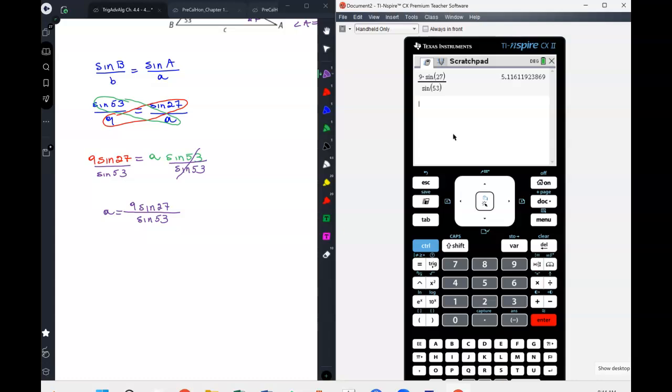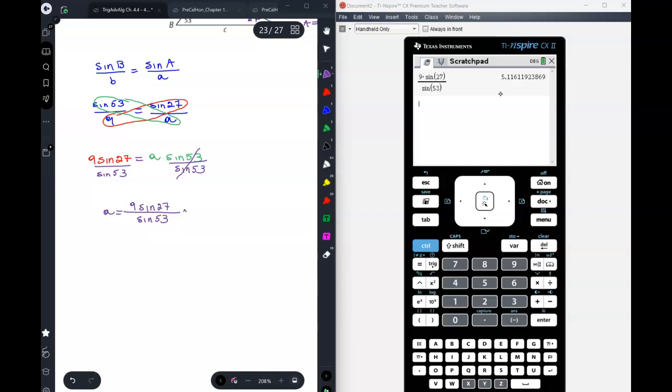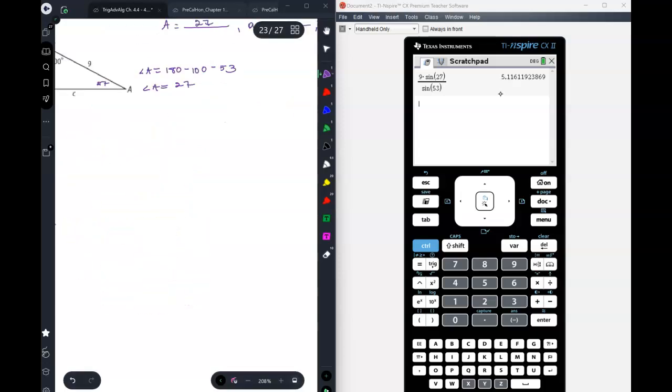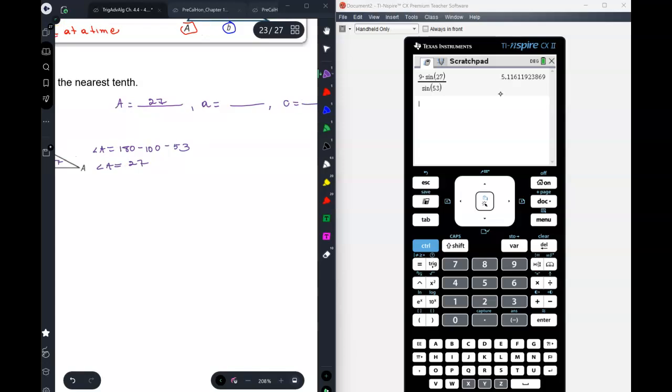If there are 12 of you in here, all 12 of you need to get the exact same number down to like the 100th decimal place. So this is going to be 5.116, which is about 5.1. So a is about 5.1.